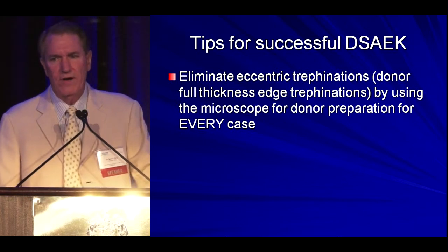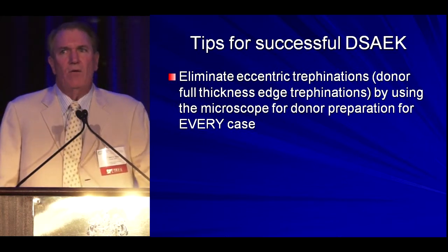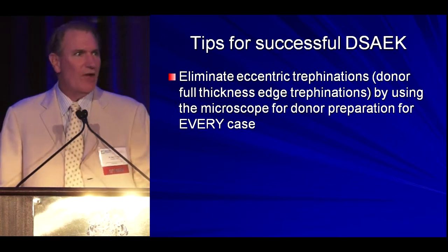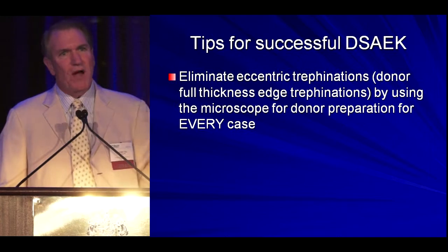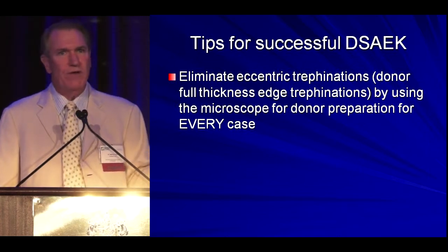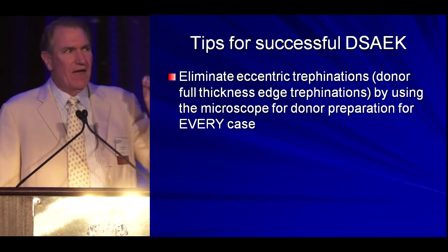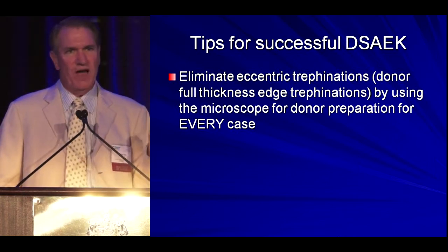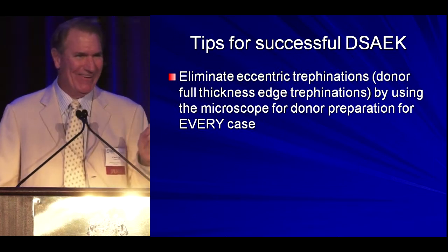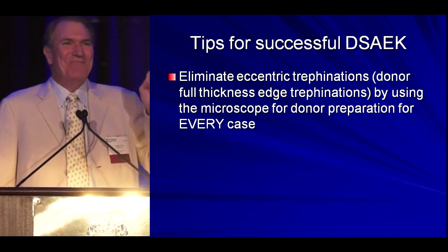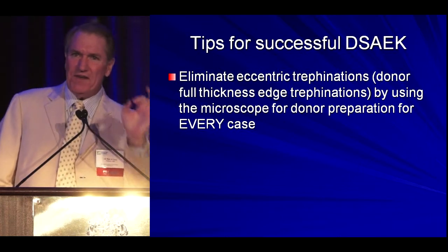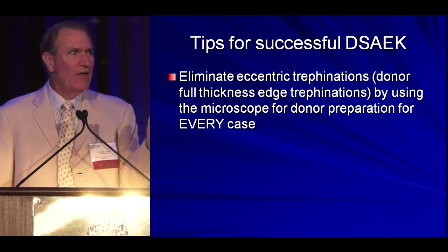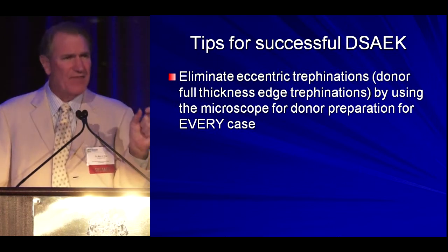Here's a tip to avoid eccentric trephination. Watch what you're doing. Watch what you're doing. We tell our kids to do that all the time. Well, when you're punching out a transplant, watch what you're doing. And I have to tell you that even if you are pre-presbyopic, and I don't like pre-presbyopic people, I hate those young people, even a pre-presbyope cannot differentiate the difference between a quarter millimeter on either side, or an eighth of a millimeter.